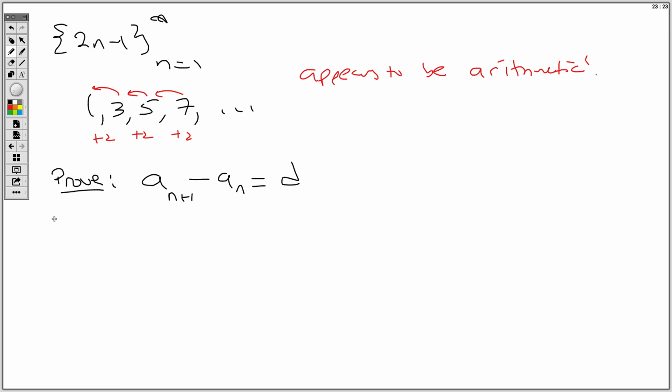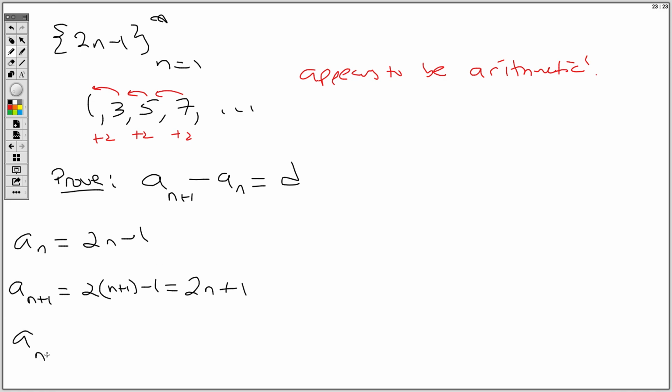So if I look at a sub n here, it is 2n minus 1. Then a sub n plus 1 would be 2 times the quantity n plus 1, minus 1, which would be 2n plus 2 minus 1, which would be 2n plus 1. And so if I take the difference of two generic terms, what happens?